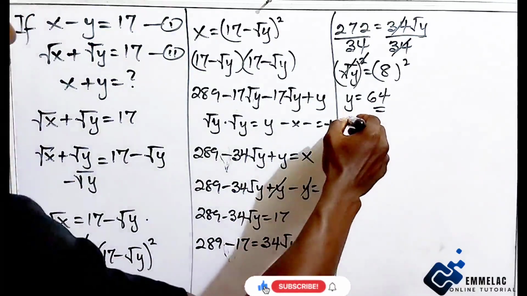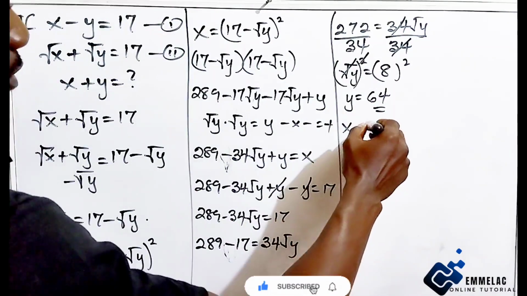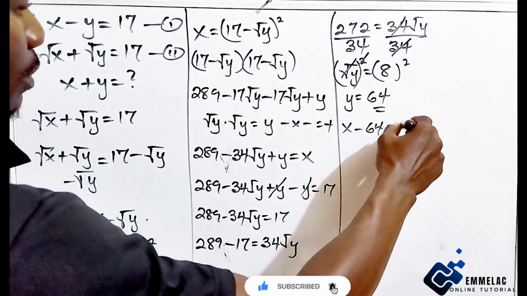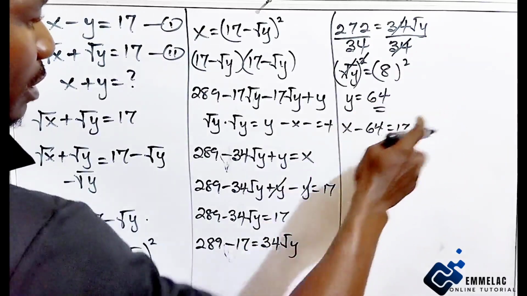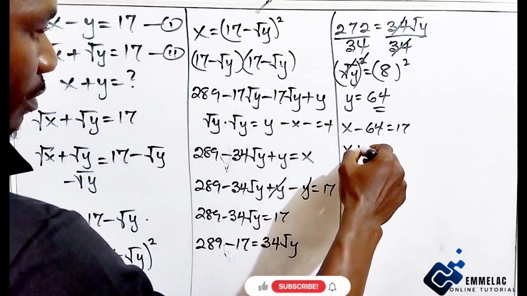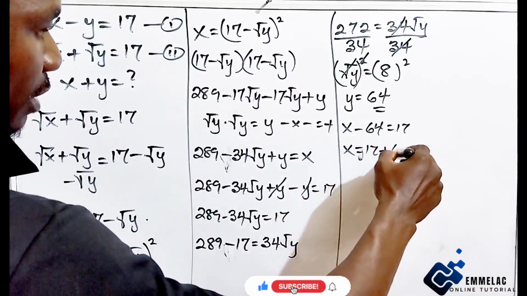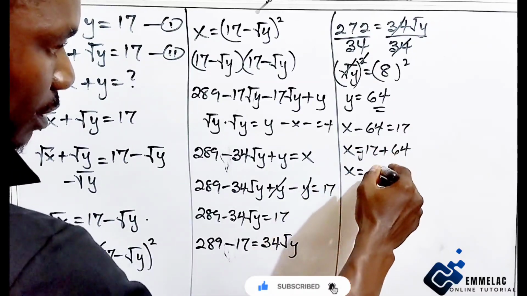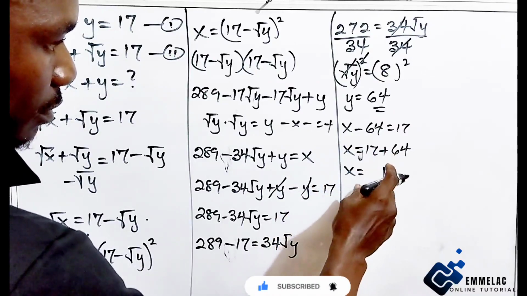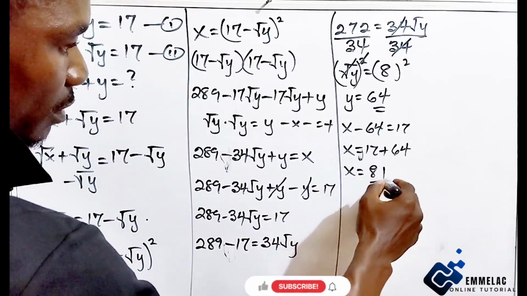So here we have x minus 64 equals 17. Now taking negative 64 to the right-hand side, we have 17 plus 64, which will now give us 81.